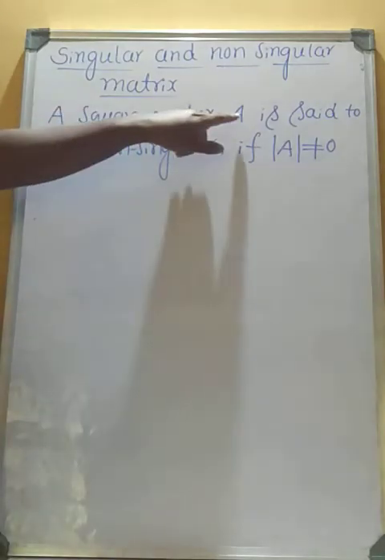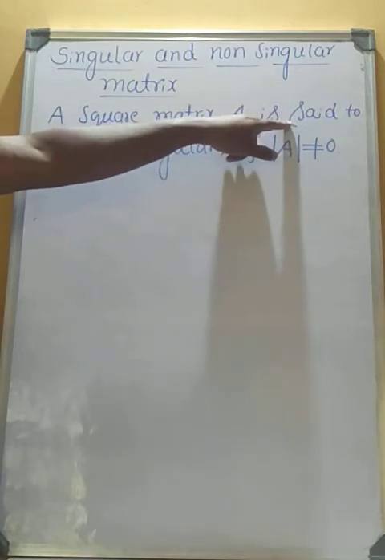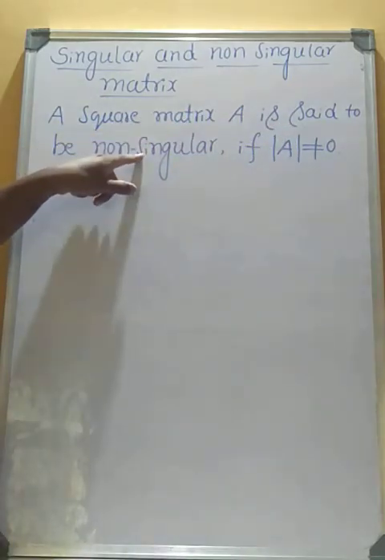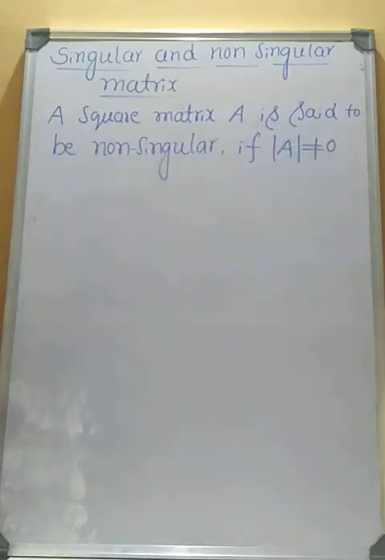A square matrix A is said to be non-singular if determinant of A is not equal to 0.